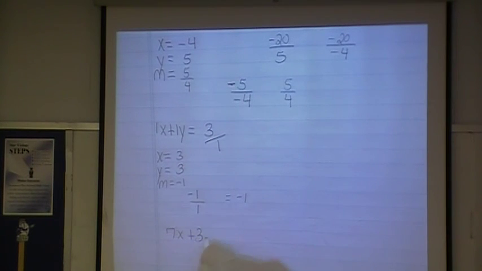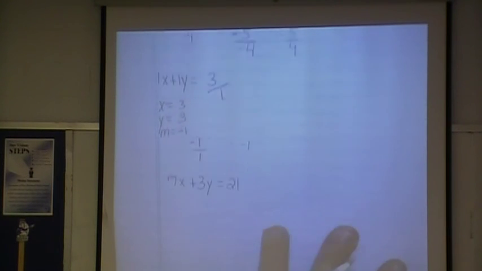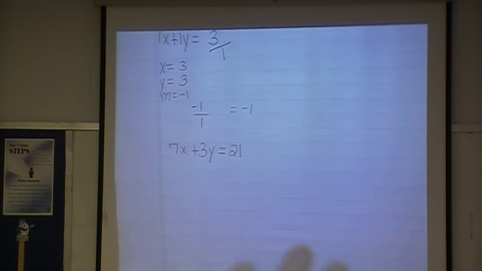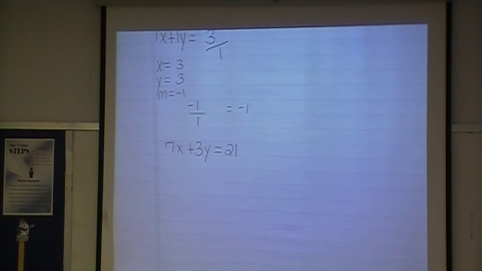7x plus 3y equals 21. Now at this point you should say, hey, I know that's standard form because you've got the x, y, equal sign and number. Well, I want to find the x-intercept.